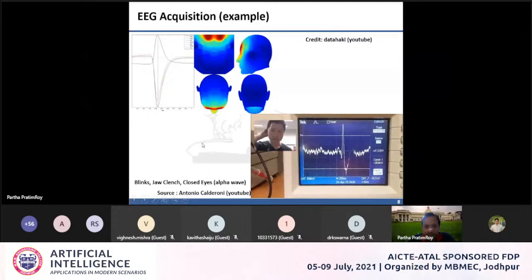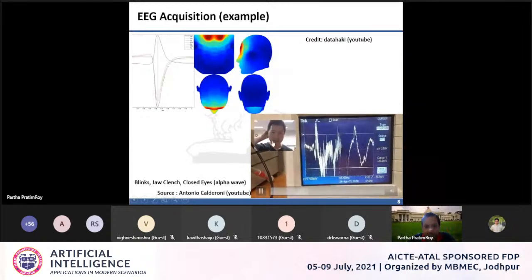When he is blinking, we have seen that it looks like that. When he is clenching the jaw, there are some changes. And when he's closing the eyes, it's more or less a silent signal.